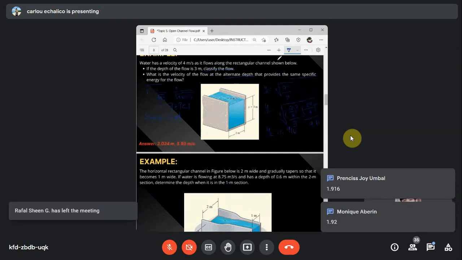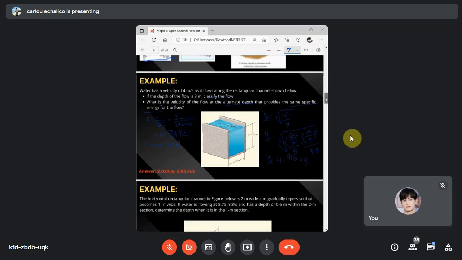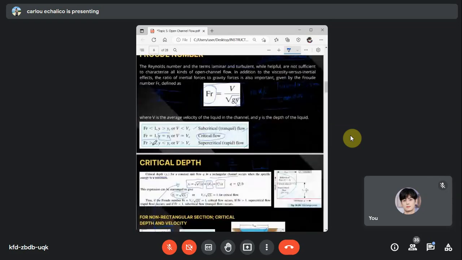1.916. Okay, so we compare this y critical to y. Since our y critical is less than y, the flow is subcritical. Our y critical is smaller than y, so the flow is subcritical.